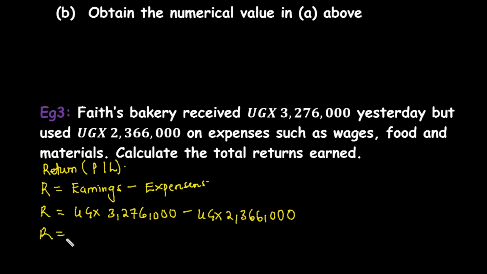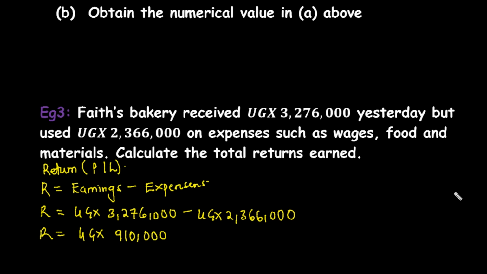Therefore, calculate for me the profit or the return. 3,276,000 minus 2,366,000. The return is 910,000 Ugandan shillings. Is that okay?